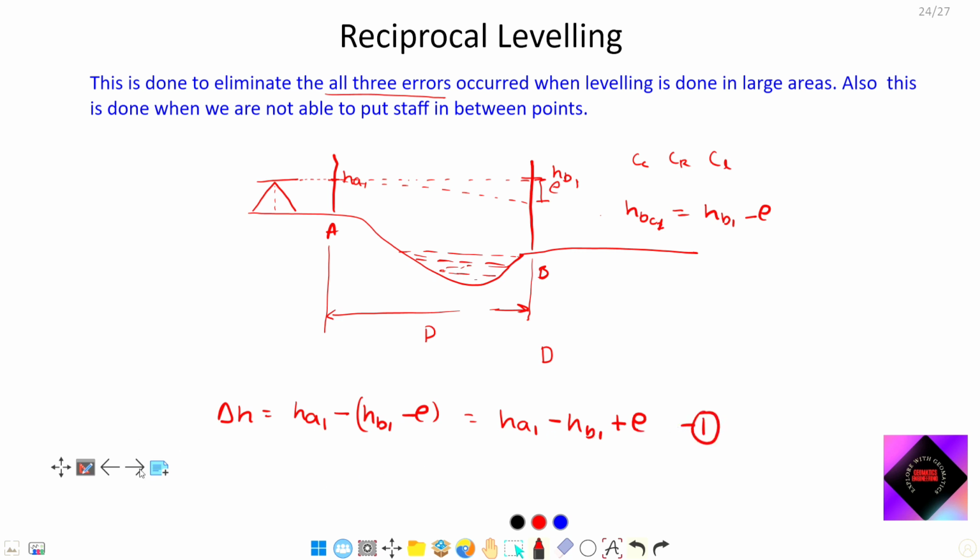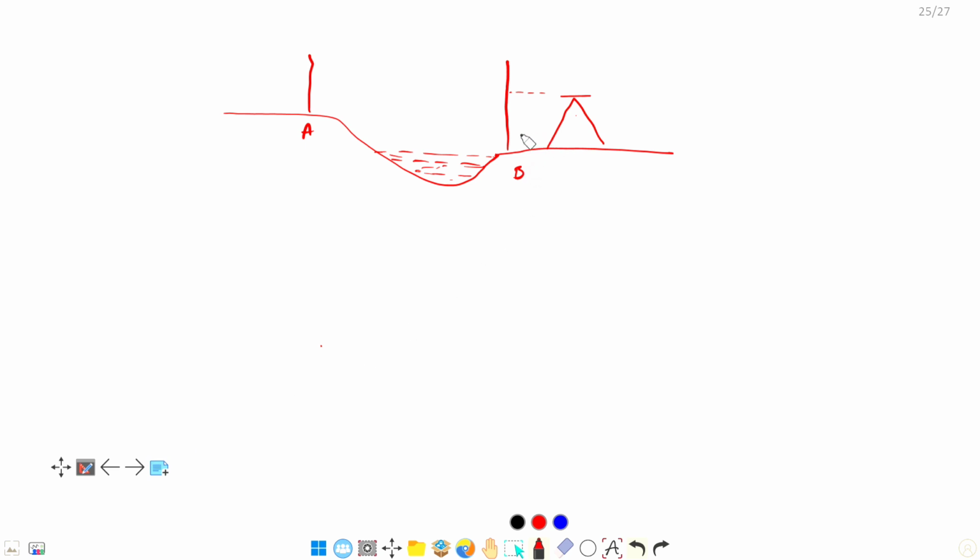Now next, what will we do? Now we will put our setup near to B. Now our reading at B will be error free, HB2, and reading at A will have some amount of error.